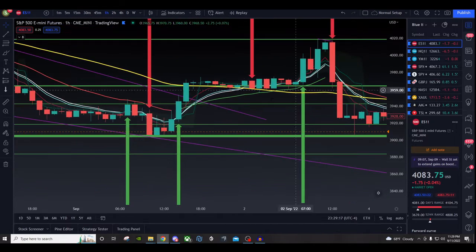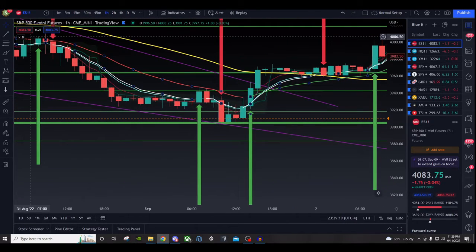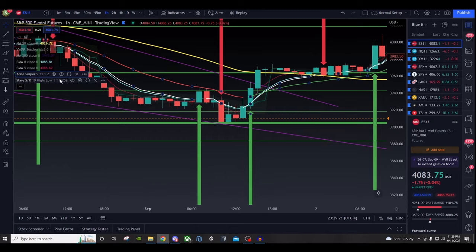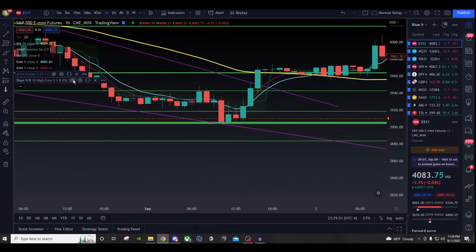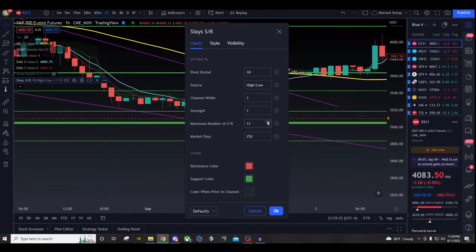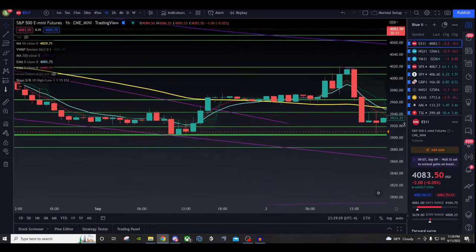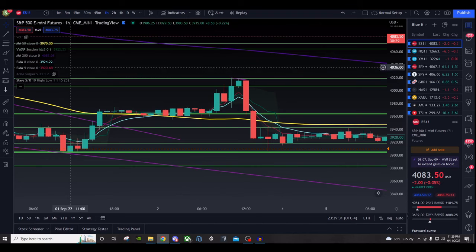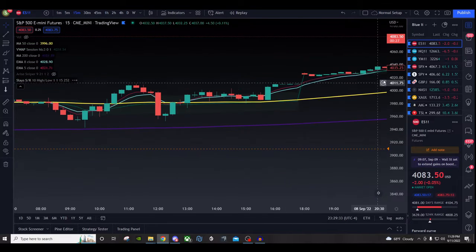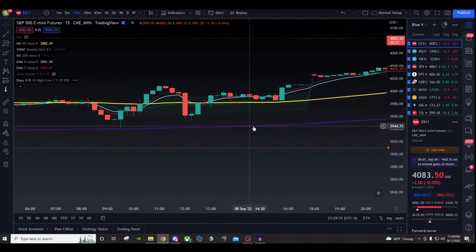It pretty much charts key levels for you, and if you really wanted to, let me just go on the hourly real quick. Turn off the sniper. Let me put this on like 15. You should see a whole bunch of new. Just look at the 5-minute real quick.